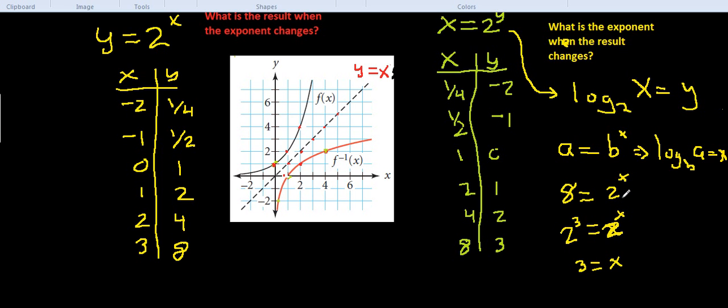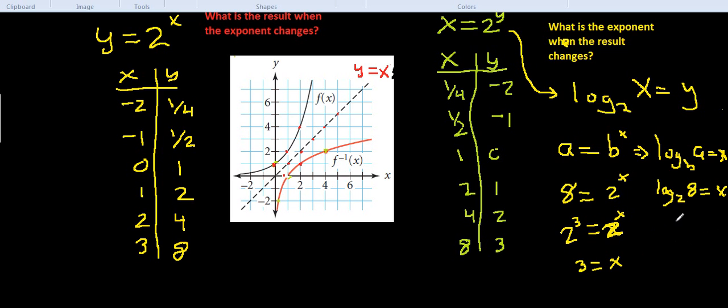So we would write this as log base 2 of 8 equals x.